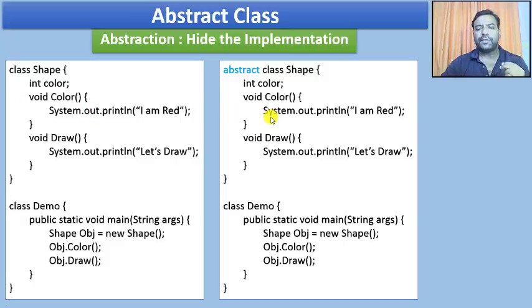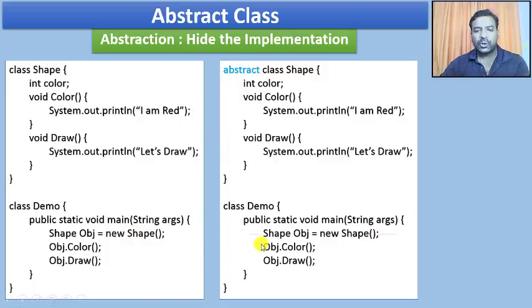The major difference is whenever you have an abstract class, you are not supposed to create any instance for this class. If it is an as usual class, you can create the object. But once you make it an abstract class, you cannot create such instances.